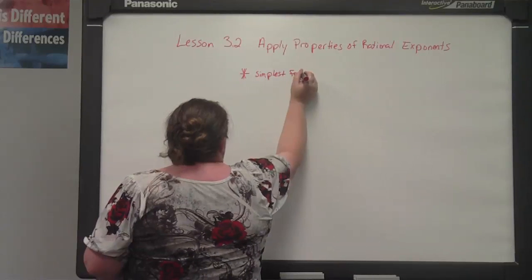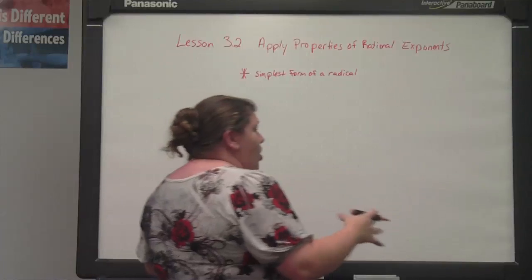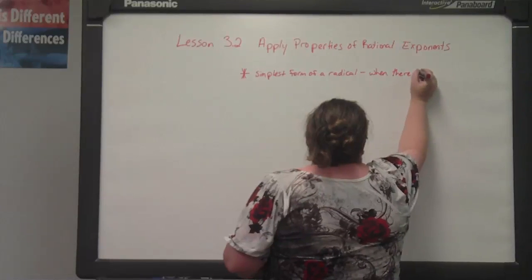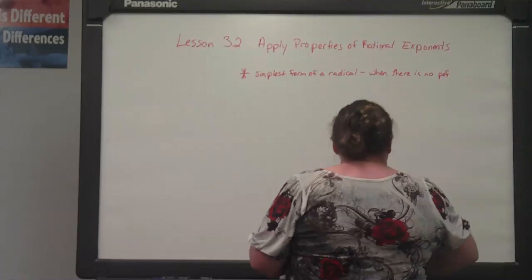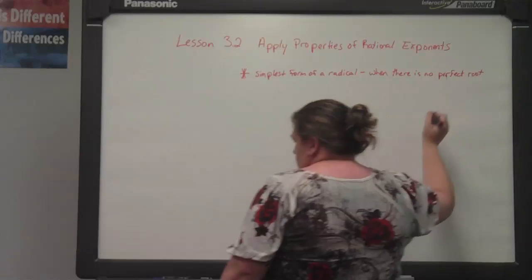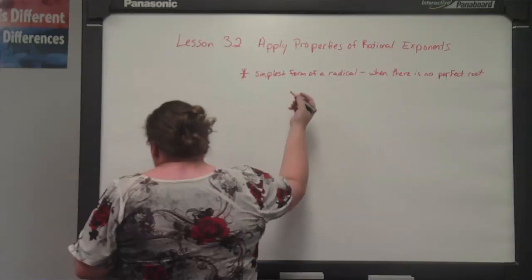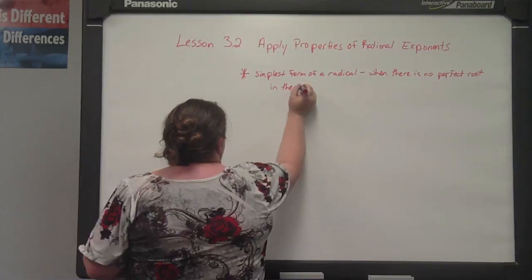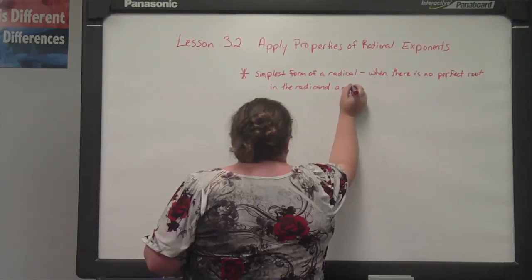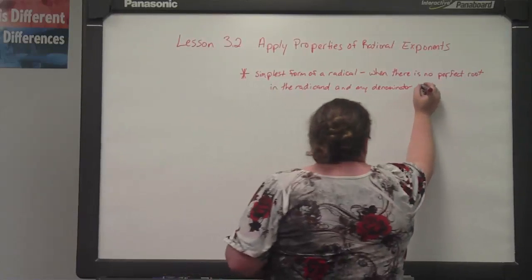The simplest form of a radical is when there is no perfect root or perfect power in the radicand, and any denominator has been rationalized.